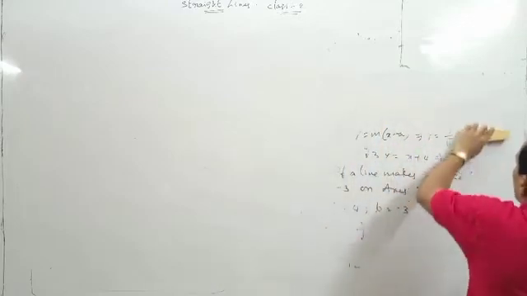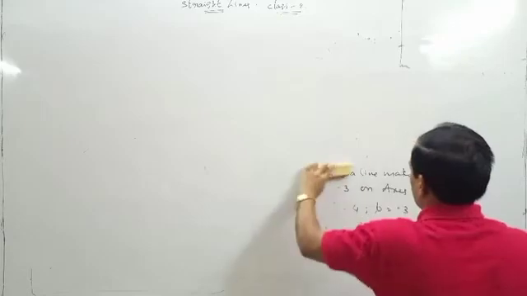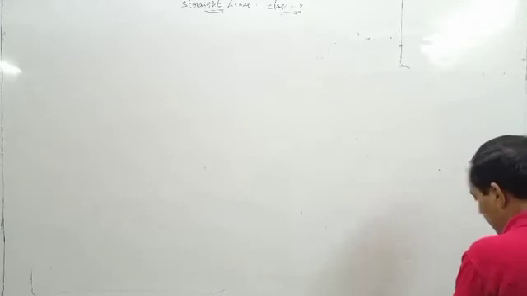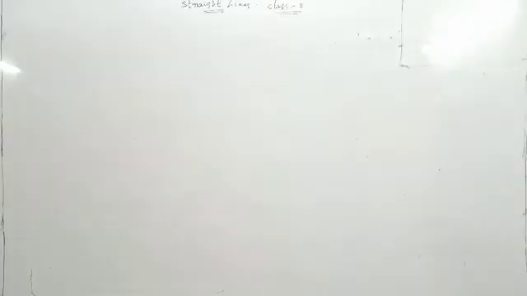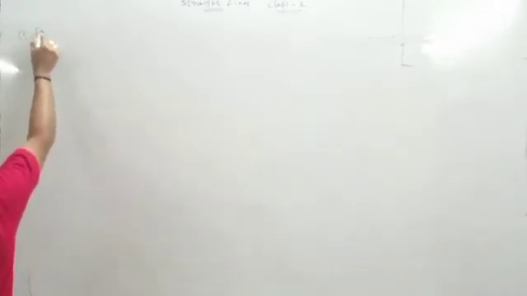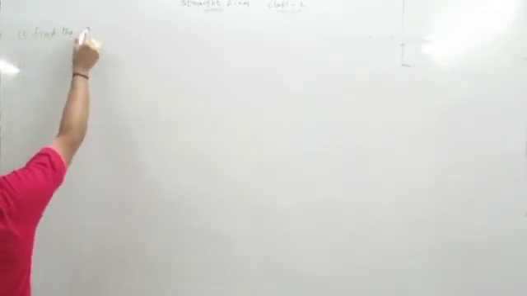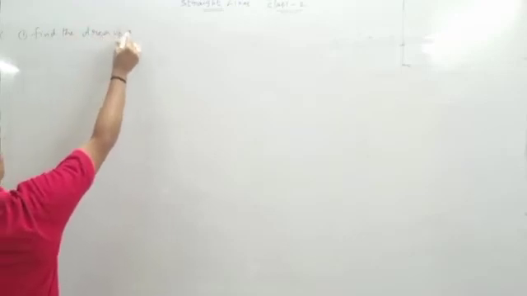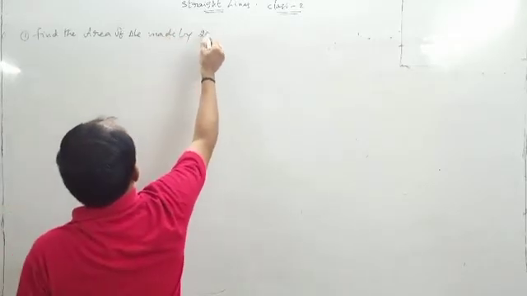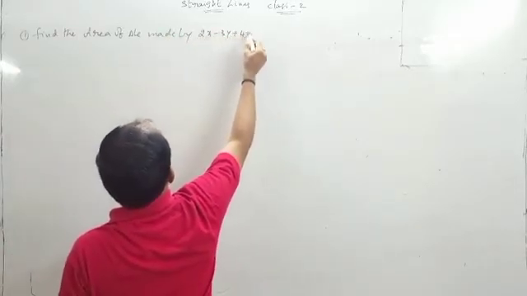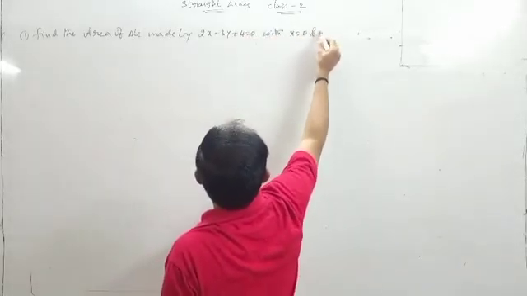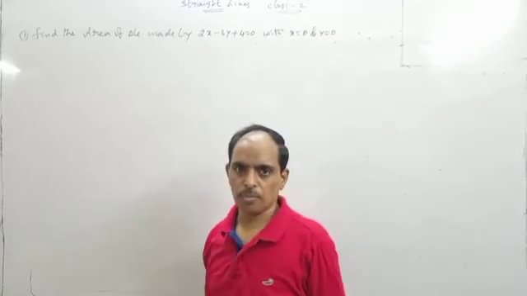Find the area of the triangle made by the line 2x minus 3y plus 4 is equal to 0 with x is equal to 0 and y is equal to 0.